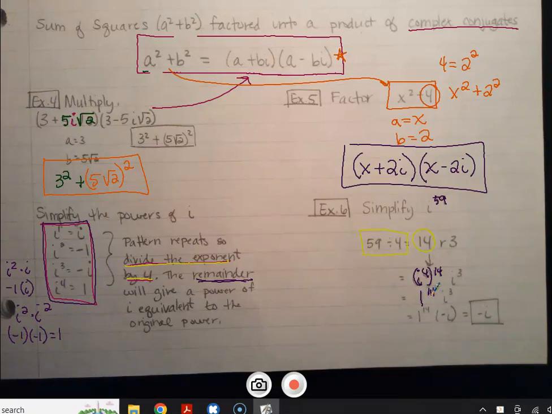The part that truly matters here is the remainder, because that remainder means that this is i to the power of 3. And i to the power of 3 is equivalent to -i. So in this case, i to the 14th power times -i, so i to the 14th is just 1 times -i, leaves me with -i.